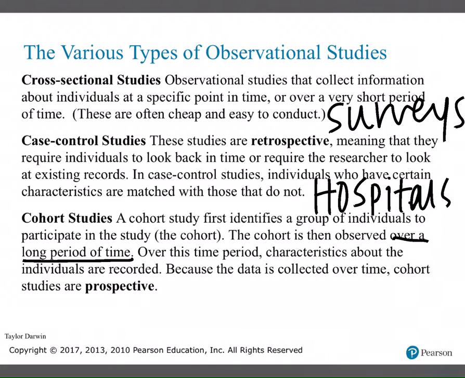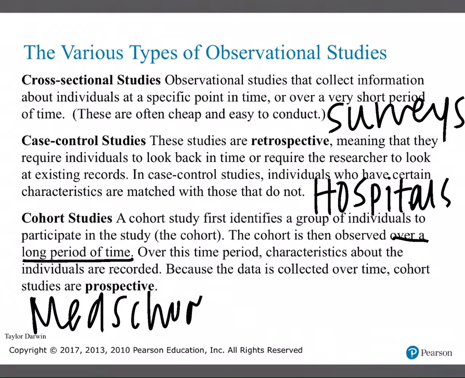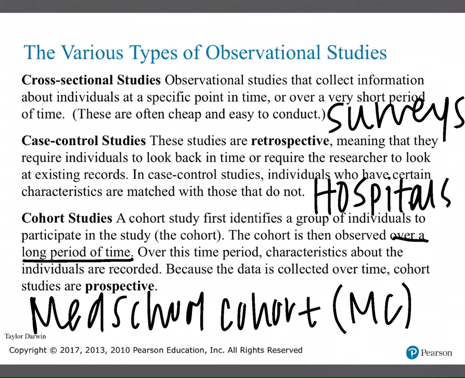An example of that is Midland College has a med school cohort. They are called a med school cohort for a reason. I'm going to put MC in parentheses for Midland College. And they're just going to be constantly asking, how many people did we let in the program? Out of the people that we let in the program, what percentage got into medical school? What percent of people finished medical school? So it takes a really long time to get information about these cohorts.